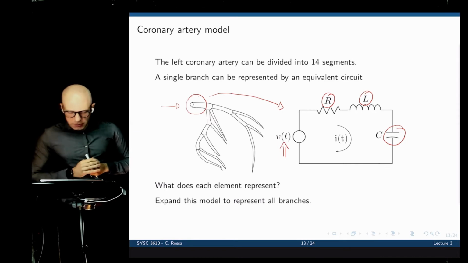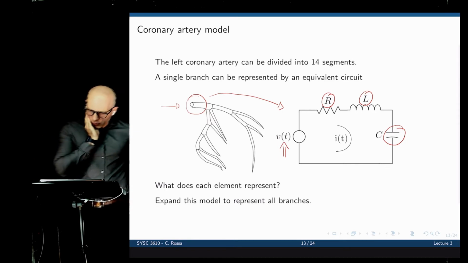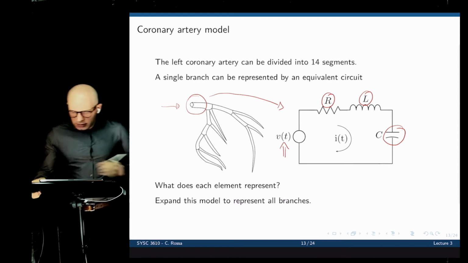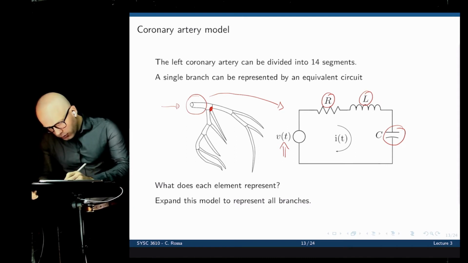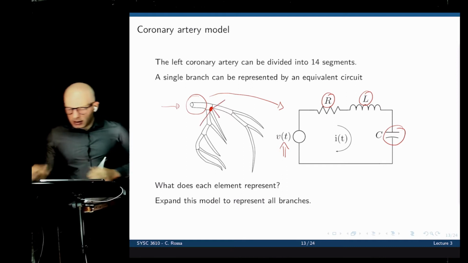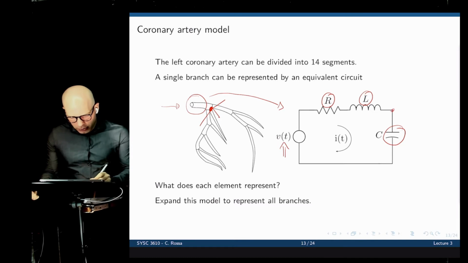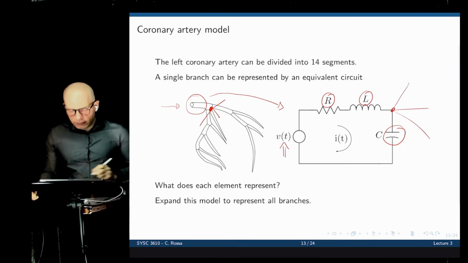How are we going to expand this to do all branches? Well, this is one element, and now at this point here, it will split into three different branches. So we can now create a point here and go to three different branches.